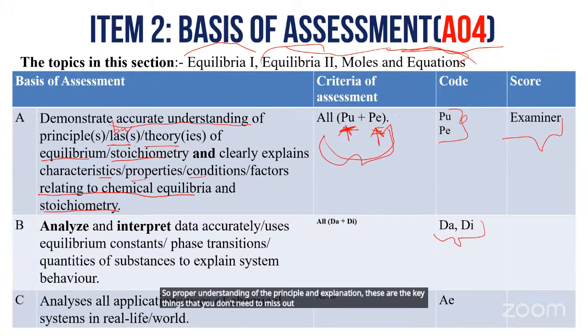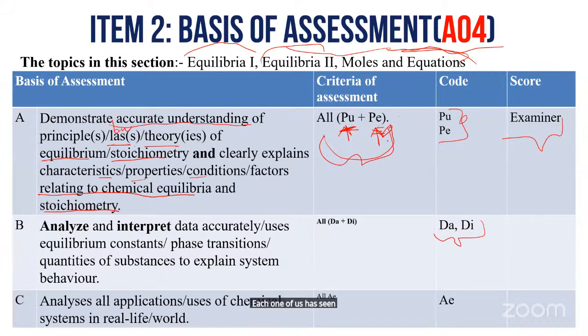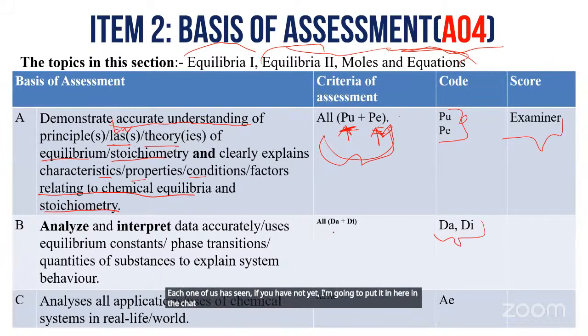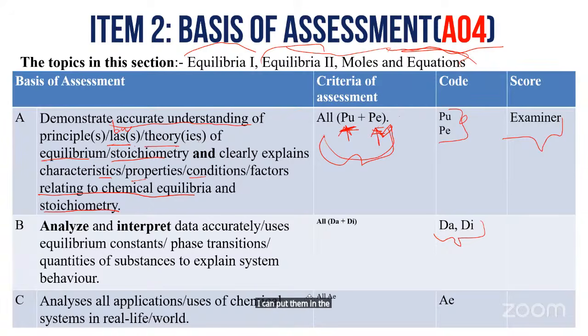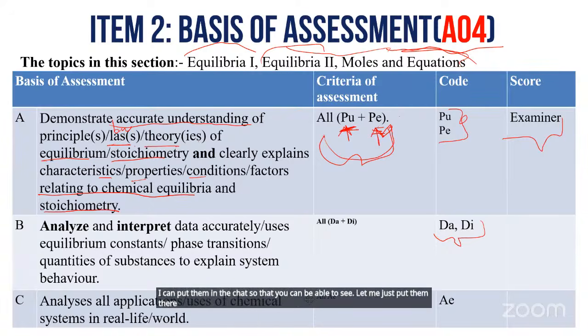How do you know that? We can borrow a leaf from even the UNEB sample, which I believe each one of us has seen. If you have not yet, I'm going to put it here in the chat: the UNEB sample, the responses to the UNEB sample, and also the question. Let me just put them there for the case of our session, so that you can also borrow a leaf from there.